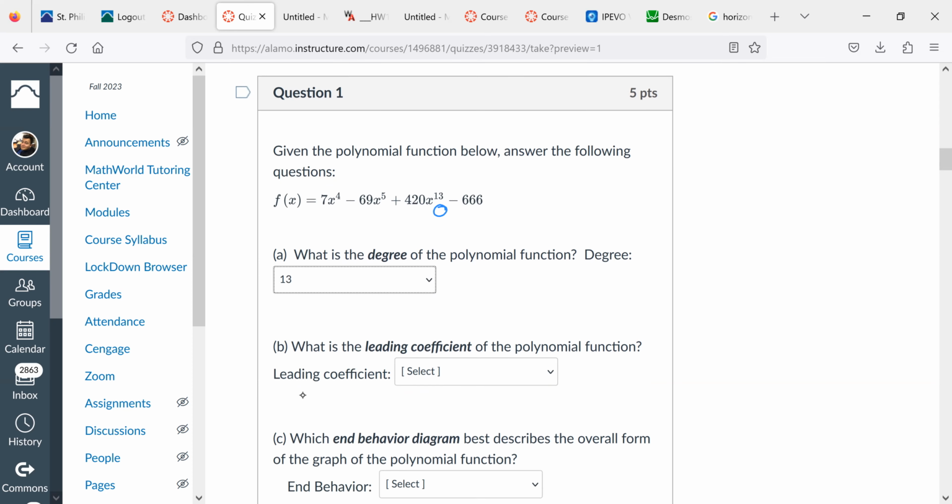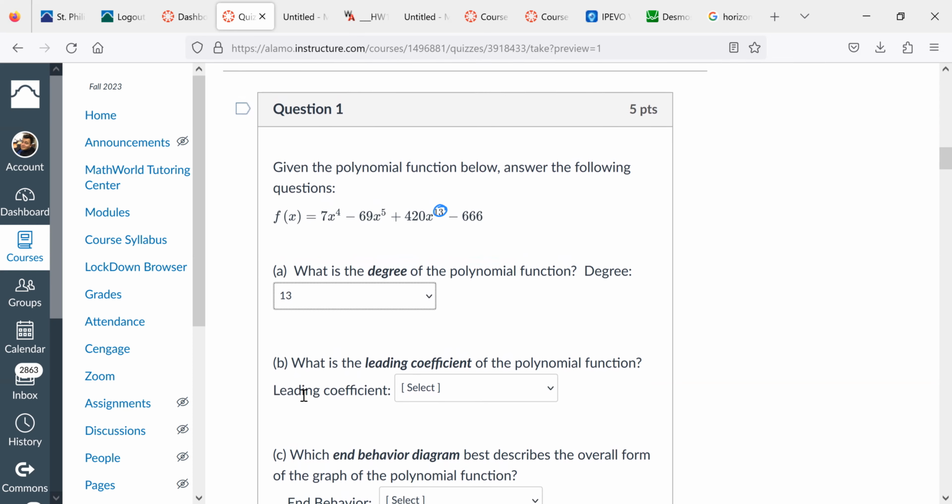What is the leading coefficient? Yeah, it's going to be the number on the highest power, so yeah, it'll be 420, right?